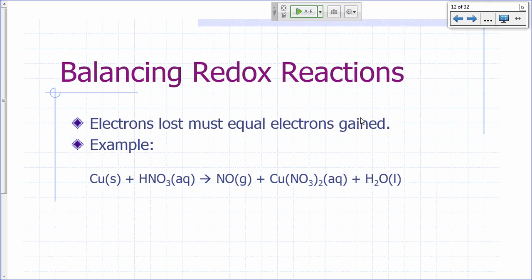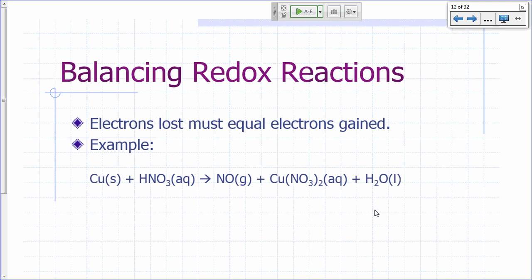Right. So how do you balance redox reactions? A lot of redox reactions are not straightforward as far as balancing is concerned because they might involve a lot of reactants and products. If you have a simple redox reaction, you can probably just balance by trial and error. But if you have a reaction like this, okay, chances are you're going to have a hard time balancing it by just trial and error.